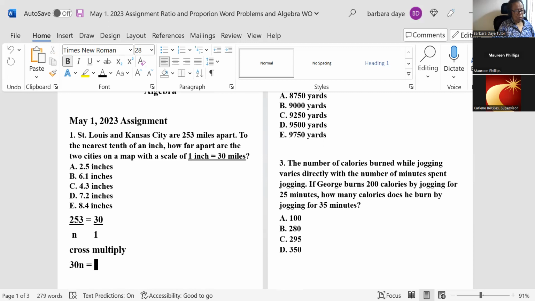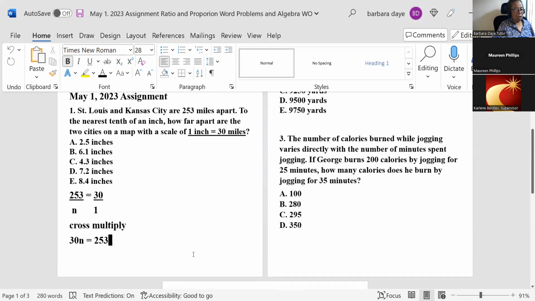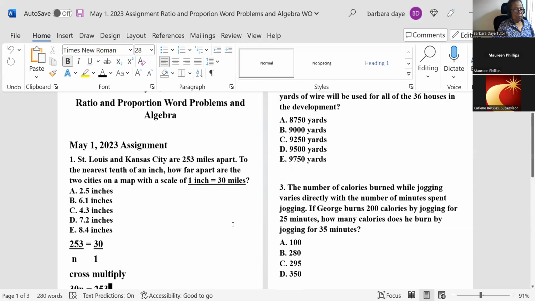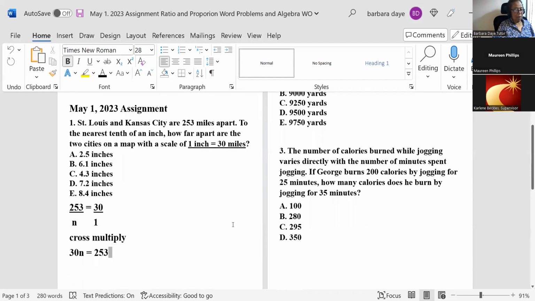Cross multiply is 253 times 1, and 30 times n. So that's the 1, right? 253 times 1 would just be 253. That's right. Now, how would you solve for n? Divide both sides by 30.